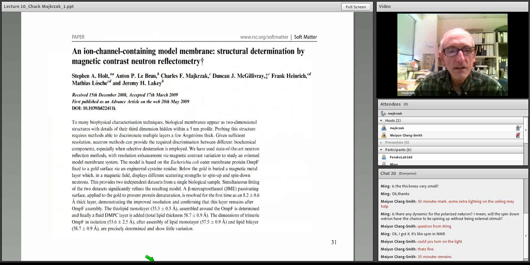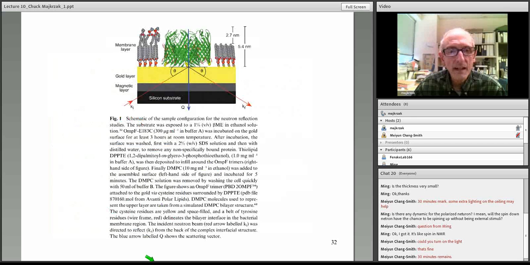Here's an example of a system that was studied by these people. A constituent of this is a transmembrane protein, actually an ion channel material that has implanted itself across this biomimetic membrane, deposited on gold, under which was buried a magnetic layer.